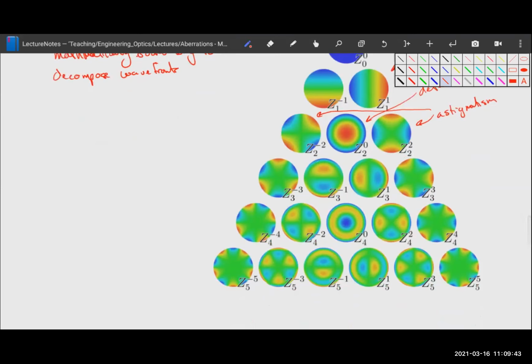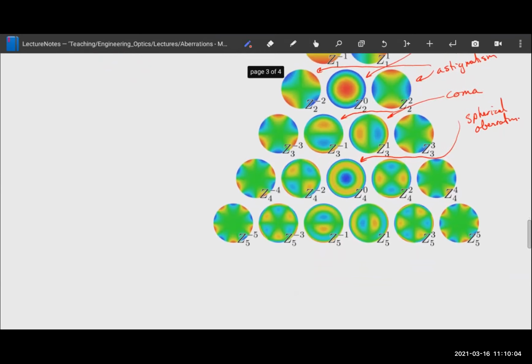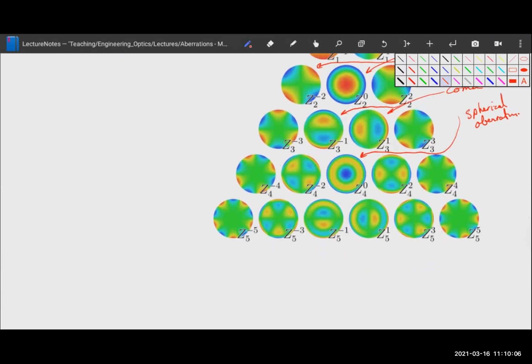As we go down, we have coma. We have spherical aberration. We can actually have secondary astigmatism.